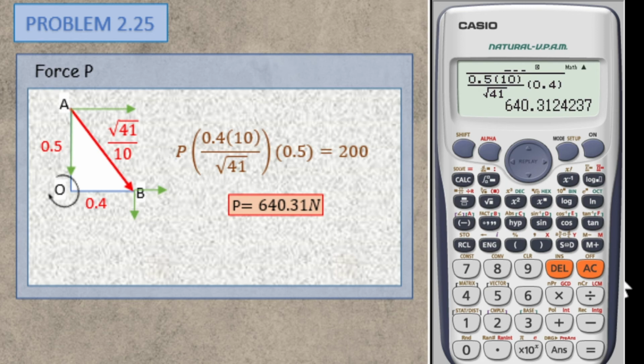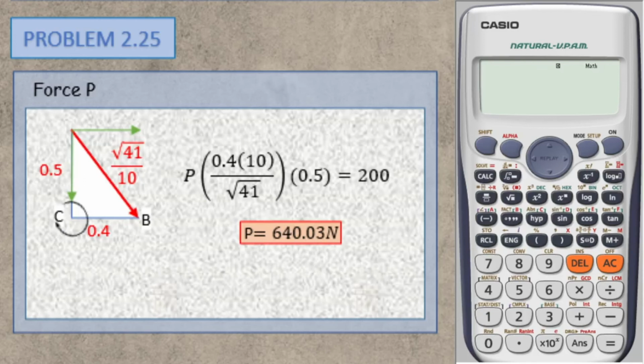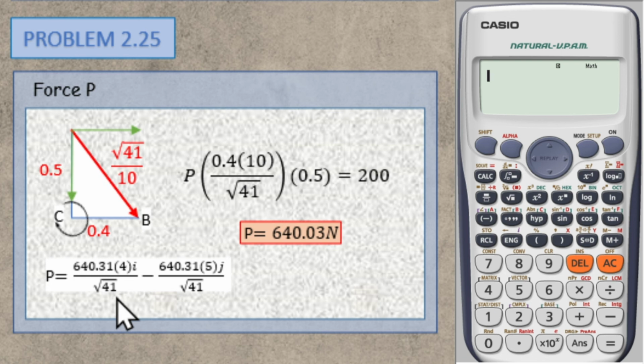If you need to find the single equivalent force P, we can rewrite this in terms of i and j. So 640.31 cosine theta for i, so 0.4 adjacent over the hypotenuse, the square root of 41 over 10, and then minus 640.31 sine theta, where our sine theta is 0.5 over the square root of 41 over 10.